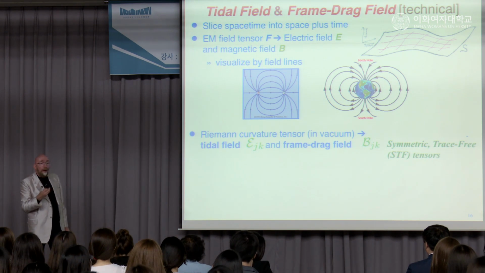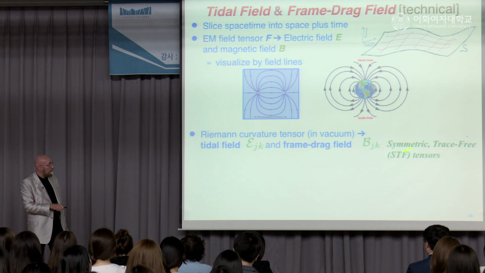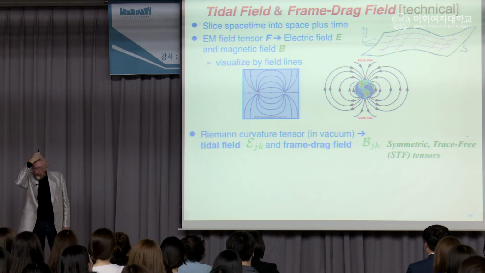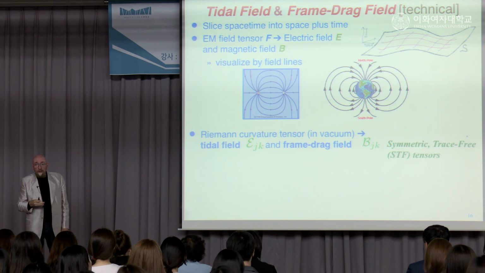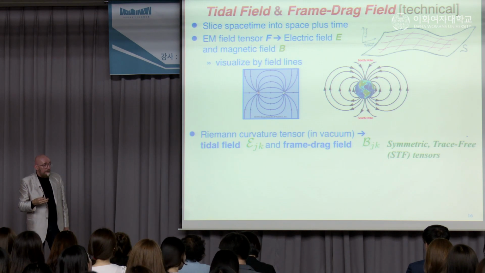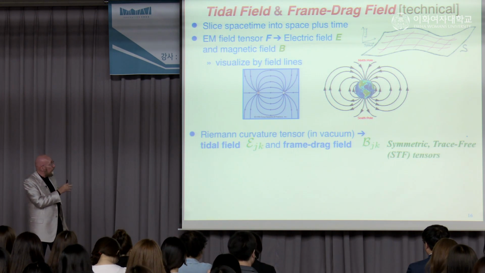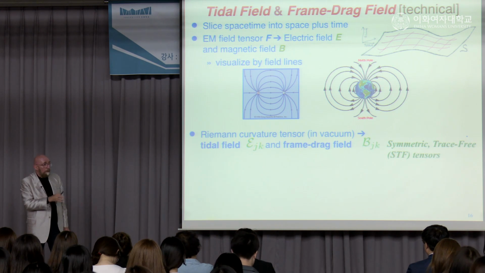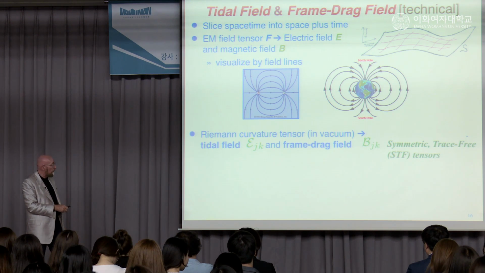Mathematically, they are second-rank tensors that are symmetric and trace-free. So that's what they are mathematically. Again, for the experts, if there is matter present, we remove the traces of the Riemann tensor and work with a so-called Weyl tensor, and everything that I described goes on through.